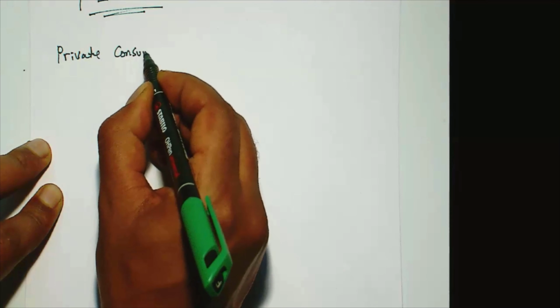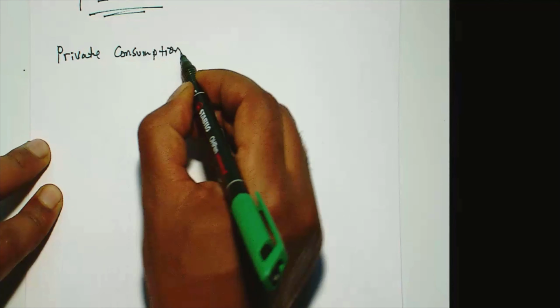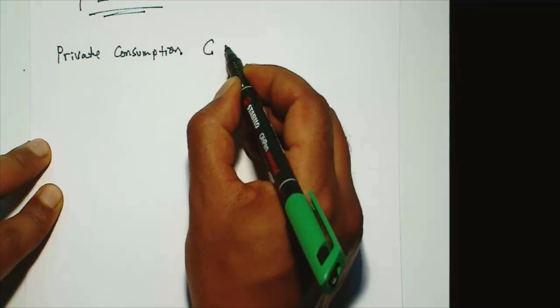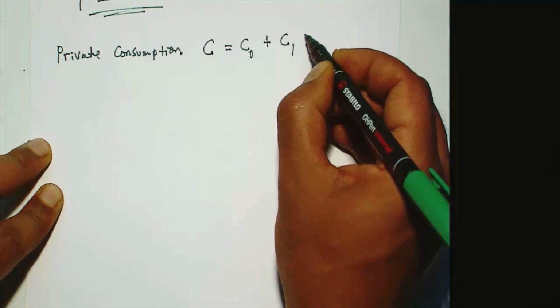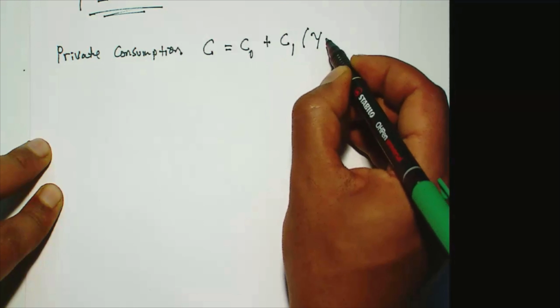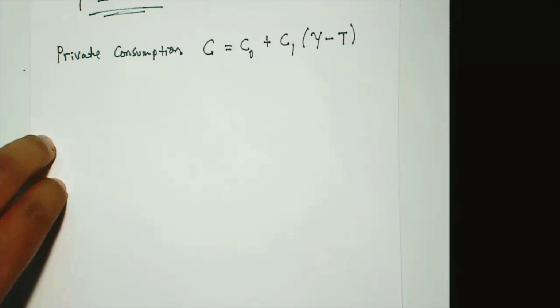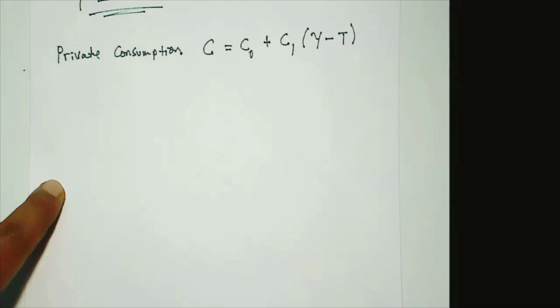So first, in the usual procedure, we would see the private consumption, which is given by the formula. Consumption is equal to autonomous consumption plus marginal propensity to consume multiplied by income minus tax, which is our disposable income.